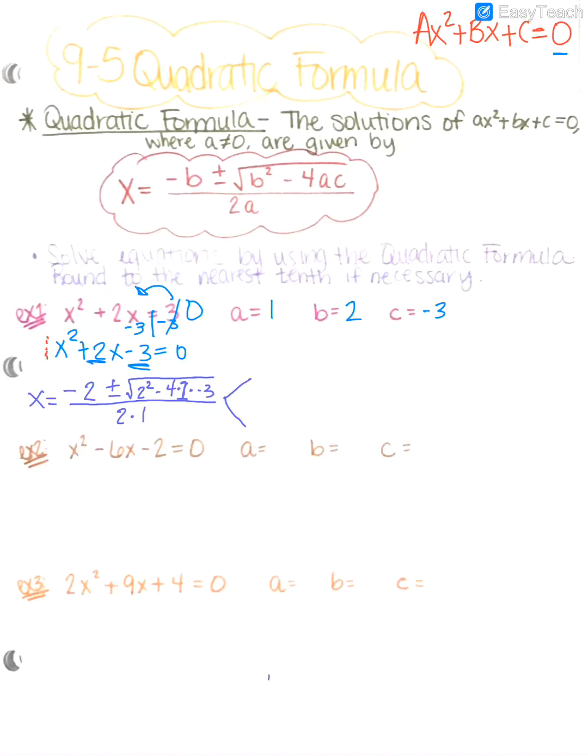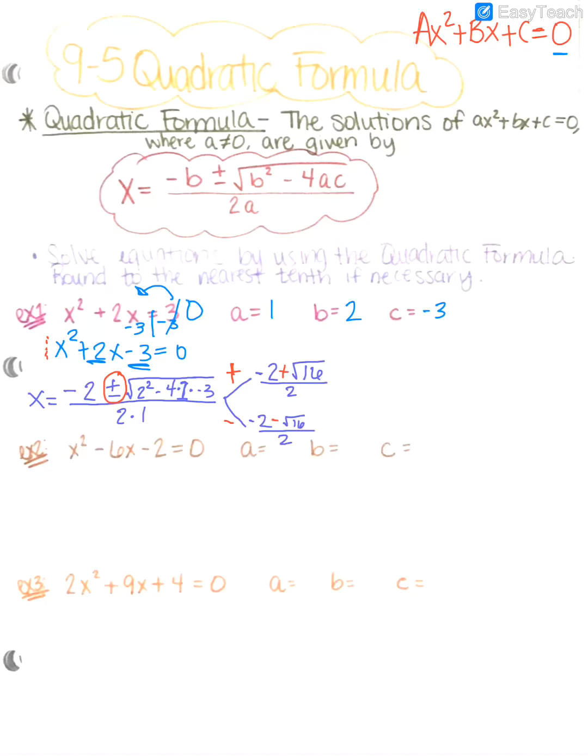The reason is this plus or minus right here, which you cannot find on your calculator. So what that means is that you're going to have one equation with the plus and one with the minus. Everything else stays the same. So we're going to go ahead and simplify what we have in the square root.